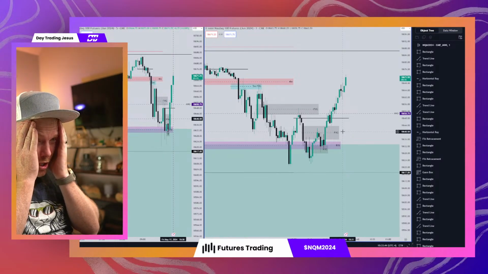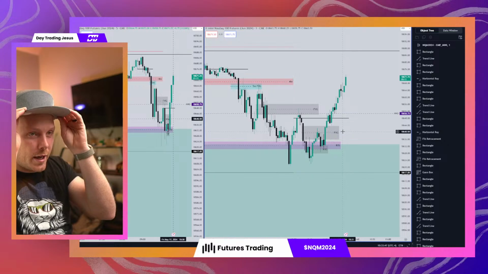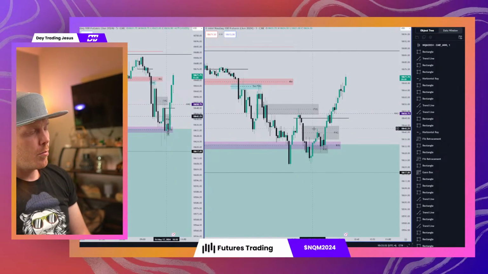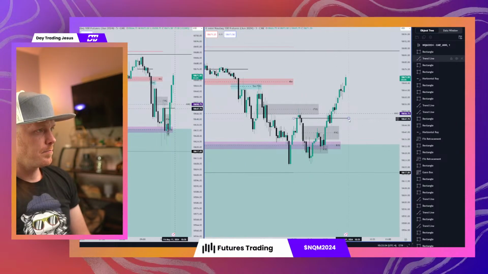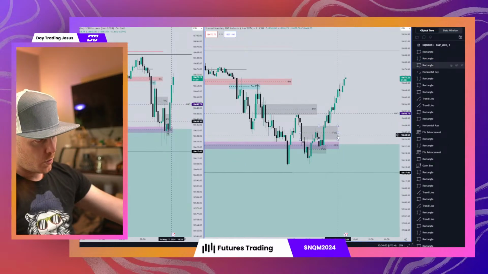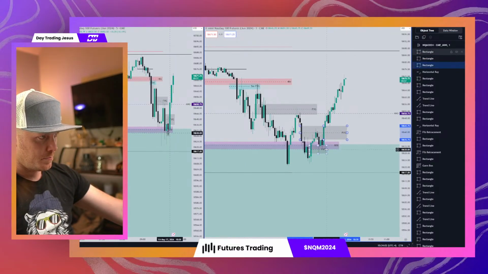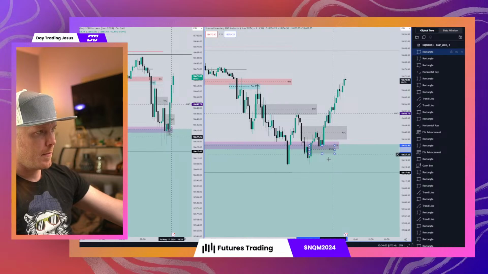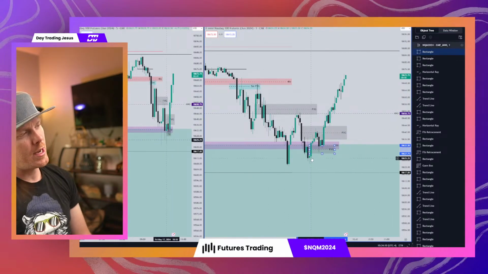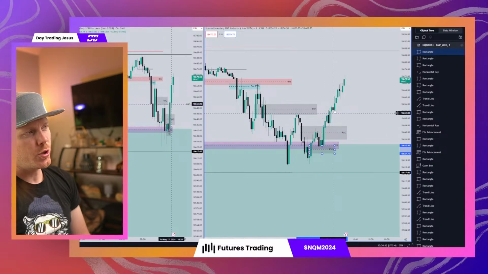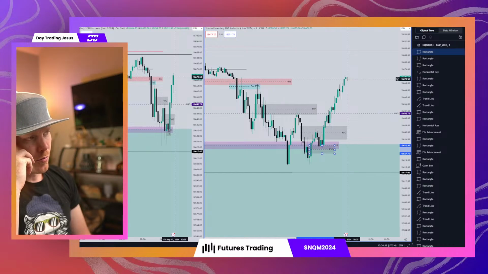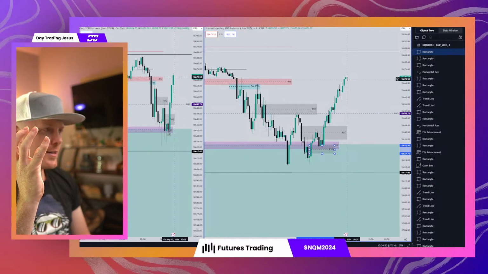If you're starting out, how you doing, Ro? If you're starting out, here's something that I would recommend. I would mark up your chart just like this, with this fair value gap and this fair value gap right here. Snap this and then write out what happened and why this was a potential entry and opportunity to take, so that you are solidifying it in your brain and you have data to back it up.